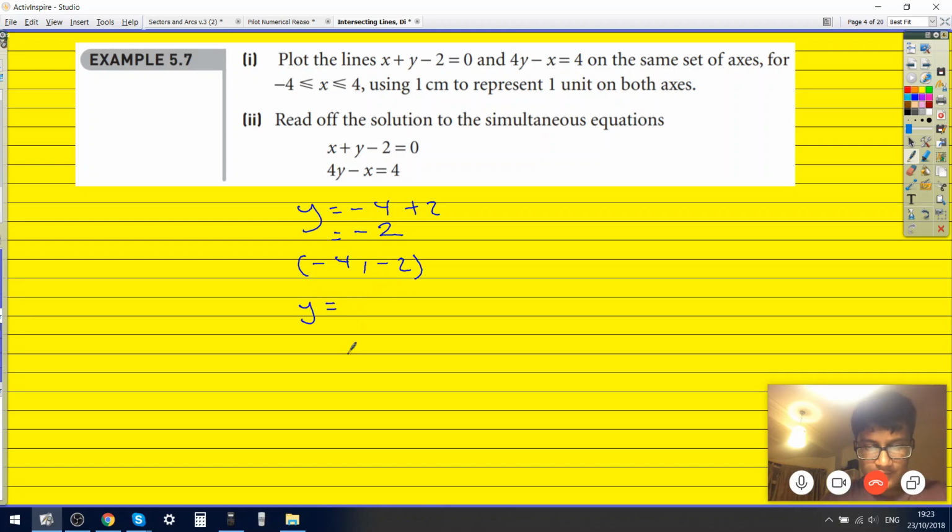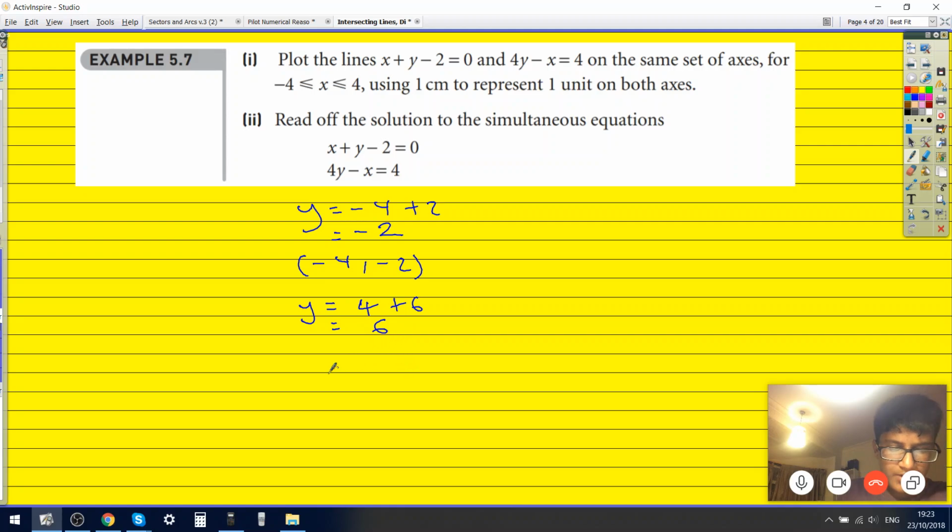And then for the next graph, 4y equals x plus 4. Y equals x over 4 plus 1. So for the first coordinate, minus 4 over 4 is minus 1, plus 1 is 0.